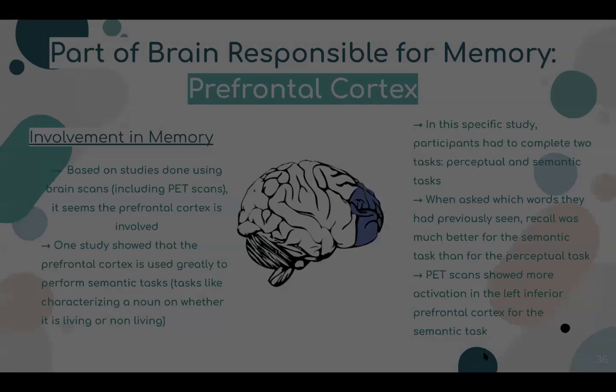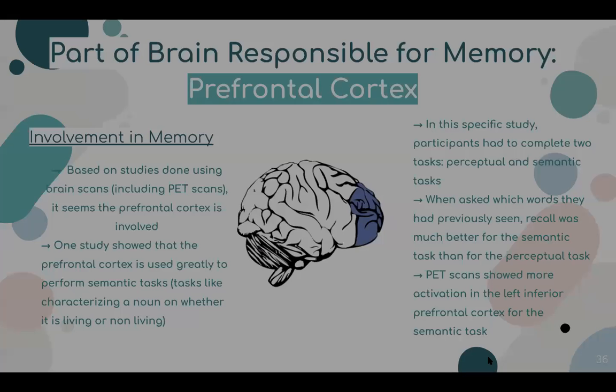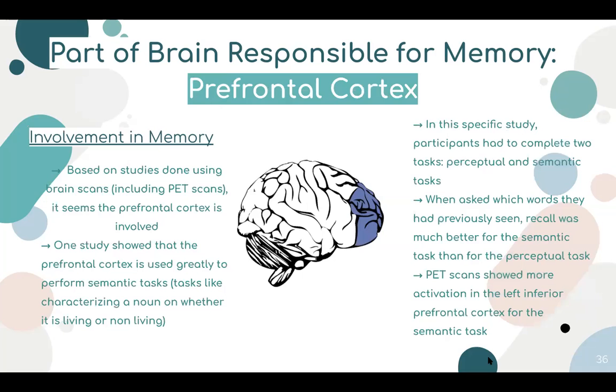So for the prefrontal cortex, using PET scans and other kinds of brain scans, they were able to see that it is involved with memory. It was shown that the prefrontal cortex is greatly needed to perform semantic tasks, so like characterizing a noun as a living or non-living thing. So in this study, participants had to complete two tasks, perceptual and semantic tasks.